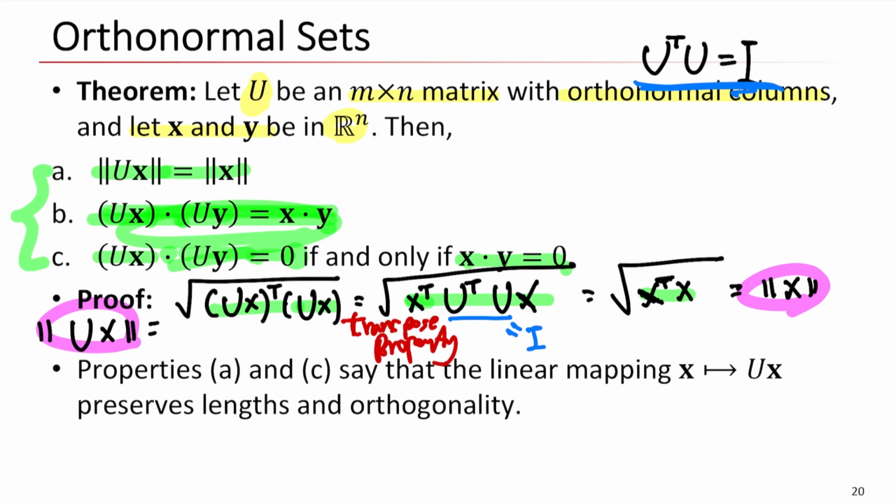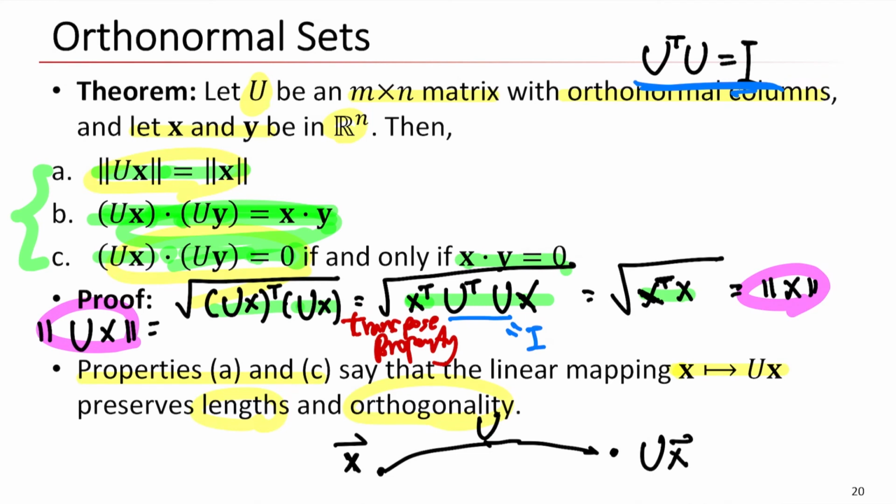So in other words, what does it mean? Okay, let's say we have the vector x here, and if you remember the linear transformation by matrix U, then the output will be U times x, right? So in other words, properties A and C say that the linear mapping from x to Ux preserves length and orthogonality.